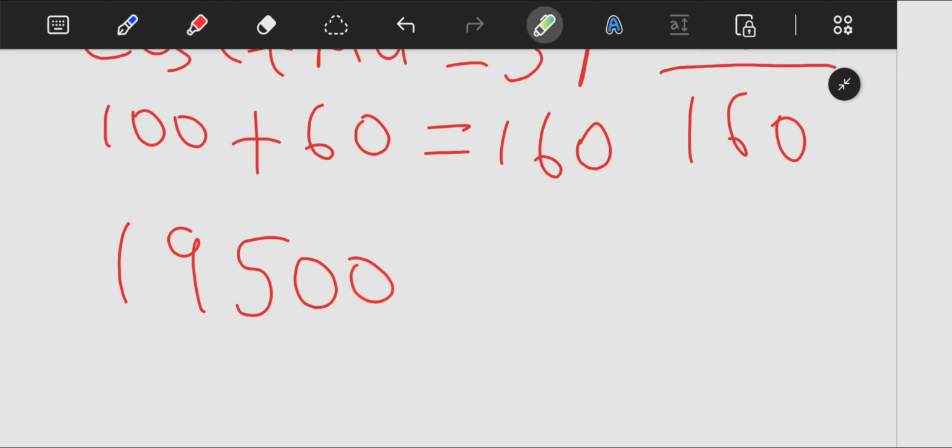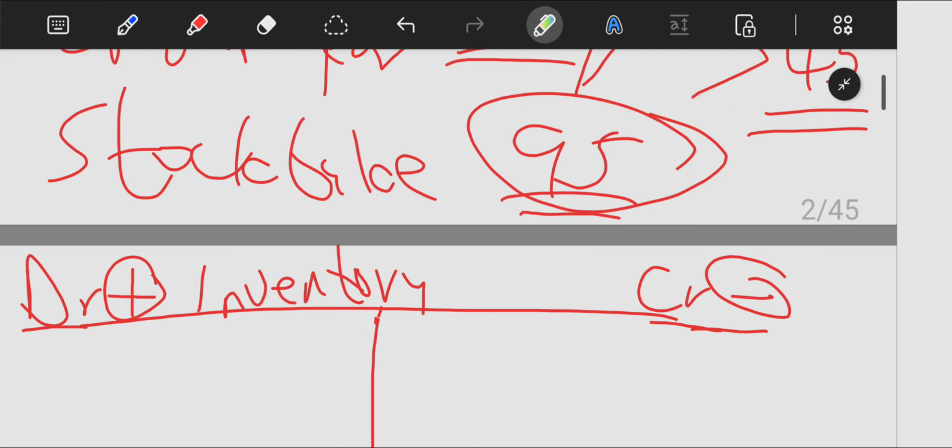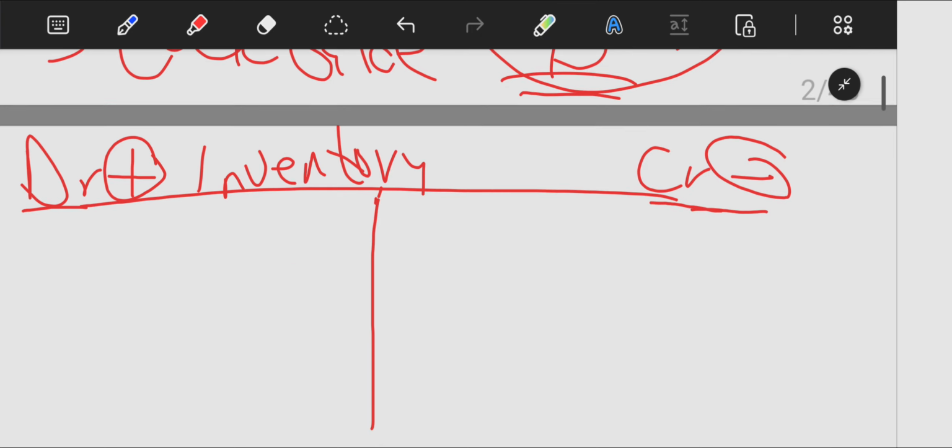So this is the cost of the inventory that the customer has returned. So before we sell, we had that inventory in our books. This is the value of inventory in our books.